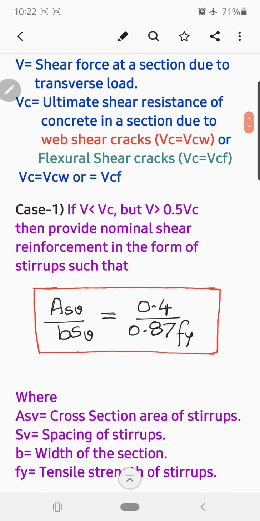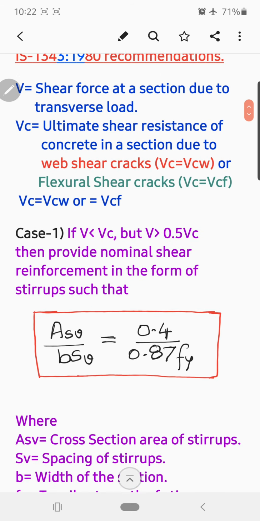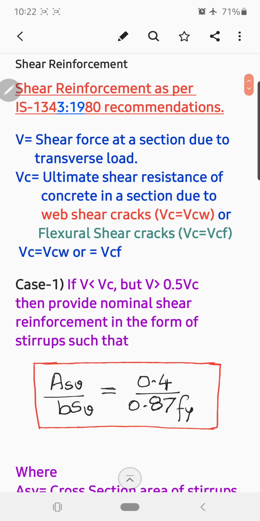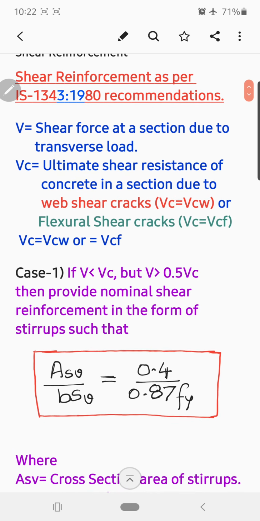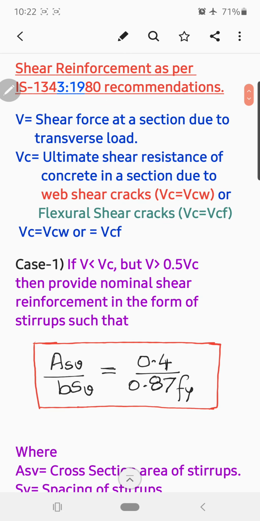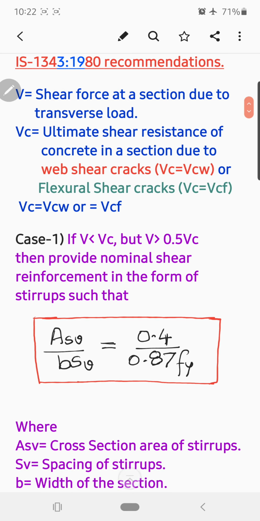Case 1, suppose V is less than Vc, so that means the shear force is less than the ultimate shear resistance of concrete, but V is greater than 0.5 Vc.